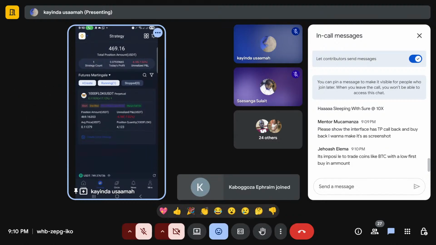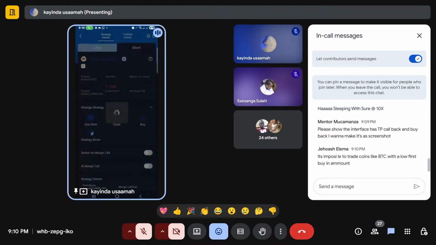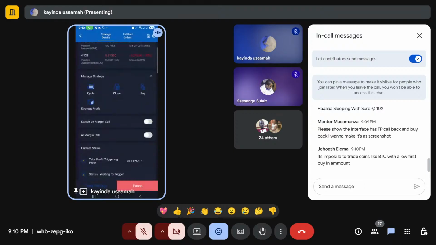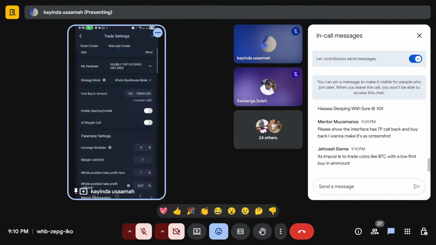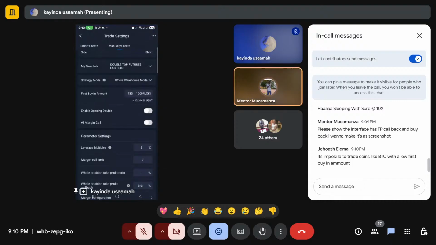Otherwise, please show me the interface. Has the profit callback and buying callback? I want to make a screenshot. Just go to your report. You're taking screenshots, I don't even know where you want to get the screenshot. It's your bot. You open any coin. Do what you want. So I agree for that, under the margin call limit.